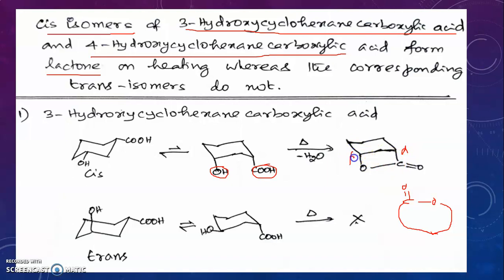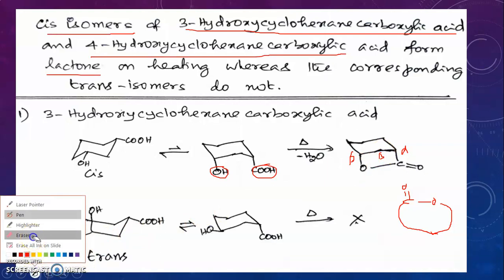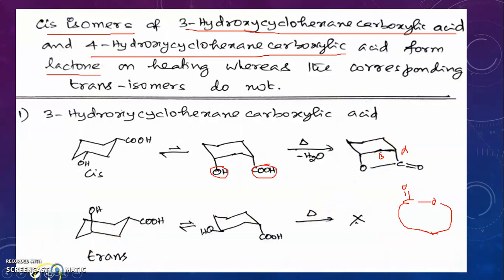I'm sorry, this is alpha, and here we have one more carbon, which is beta, and this carbon is actually the gamma carbon. So you will get a gamma lactone, right? In the gamma lactone, we have a 5-membered ring, 1, 2, 3, 4, 5, so it is somewhat stable.